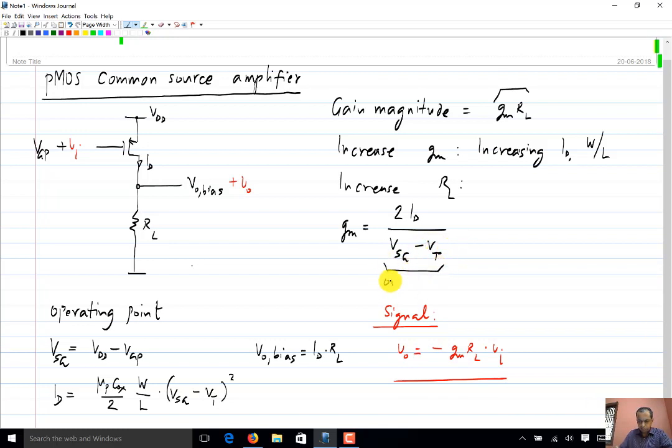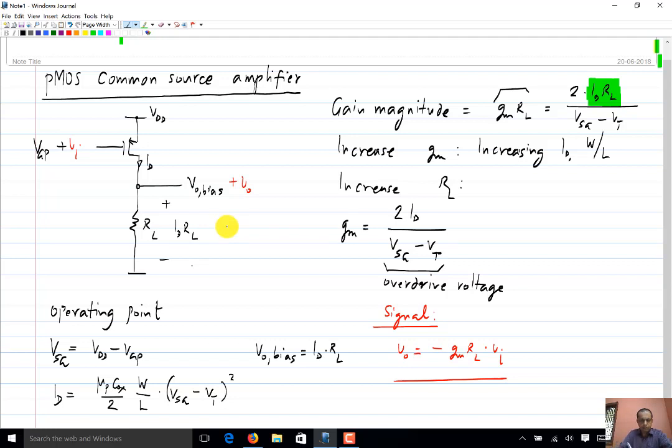This is the gate overdrive voltage. Okay, so the gain magnitude turns out to be 2 times ID RL divided by VSG minus VT. Now it's very easy to see that this ID times RL is nothing but the operating point voltage across the load resistor RL.